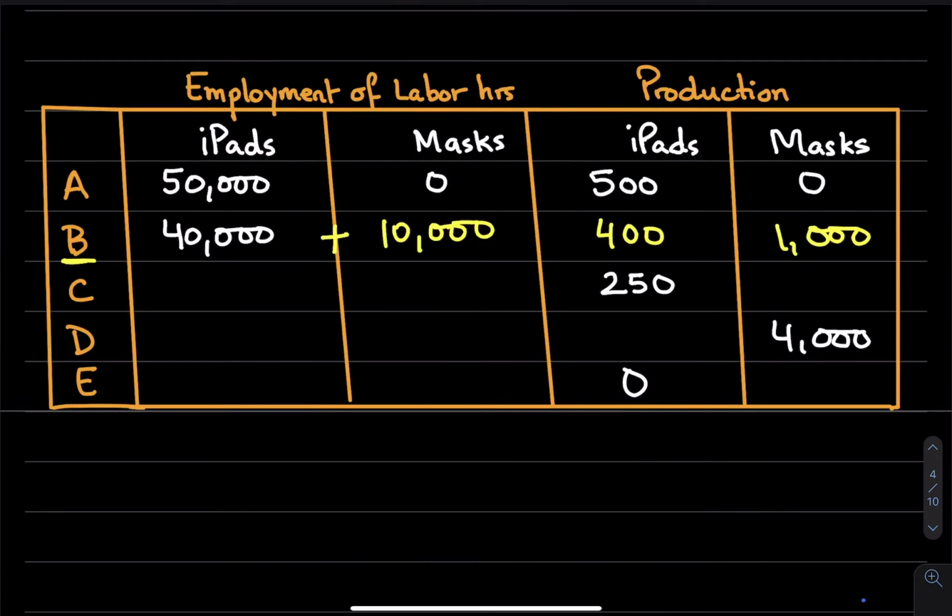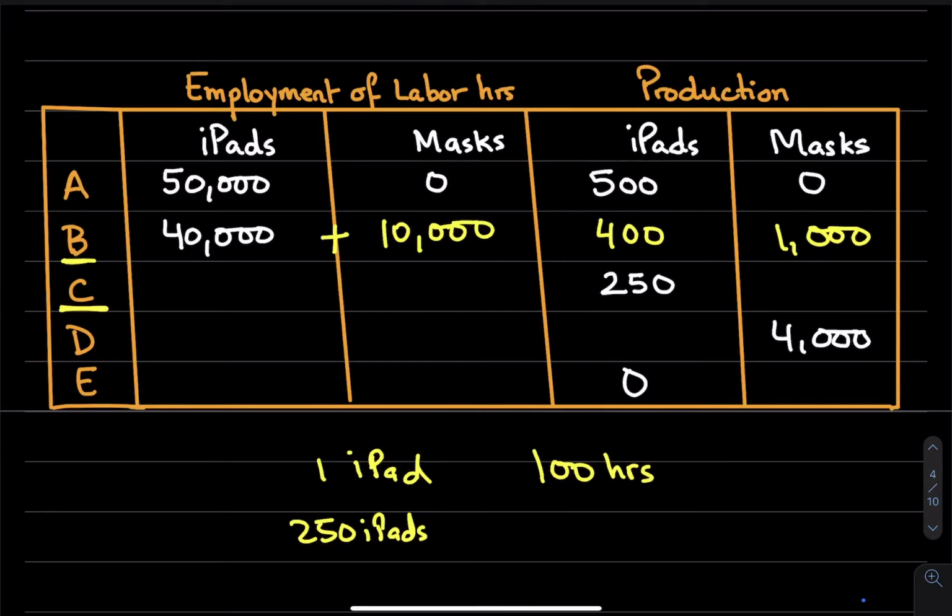And then in row C, we know that we are producing 250 iPads, and we have to fill up the rest of the blanks. If one iPad uses 100 hours, then 250 iPads would use 100 times 250.